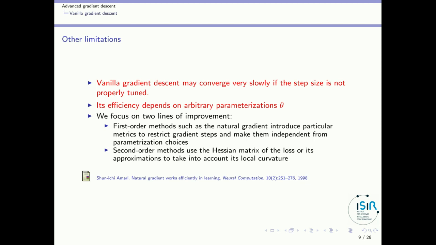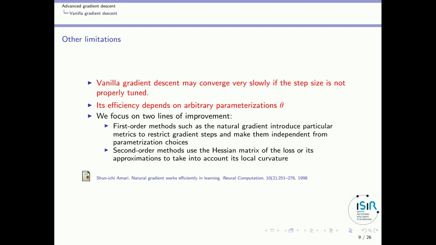Because, for instance, if one neuron is related to every other neuron, changing this particular weight will have more effect than changing the weight of an output neuron. Vanilla gradient descent won't be sensitive to that particular structure of the neural network. That's something that we will consider later with different techniques. So we will focus on two lines of improvement.